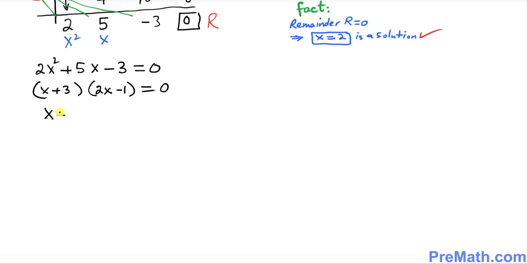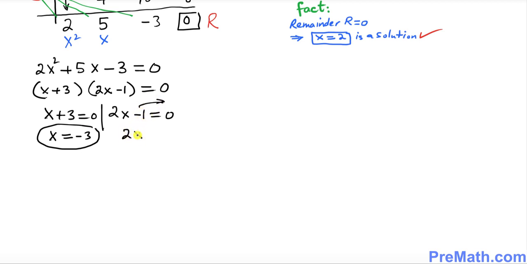So x plus 3 equal to 0 and 2x minus 1 equal to 0. This is going to give you x equal to negative 3 as one of the solutions. And for this, I want you to bring this negative 1 to the other side. So 2x becomes positive 1, divided by 2. So x turns out to be 1 over 2 as another solution.